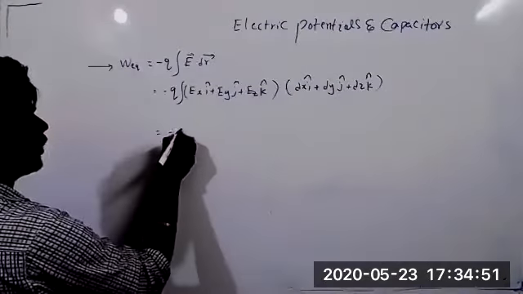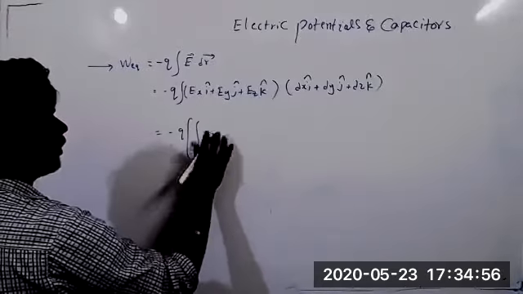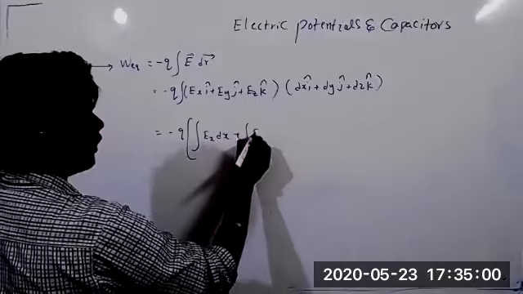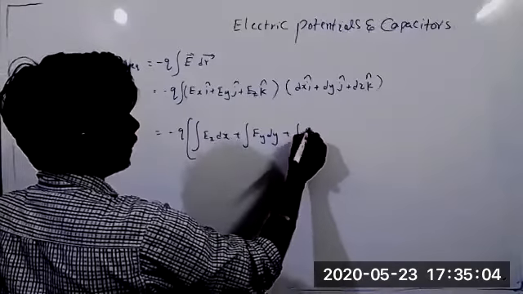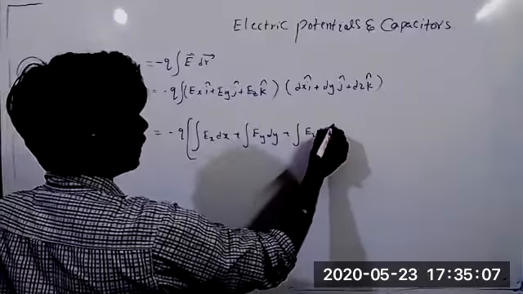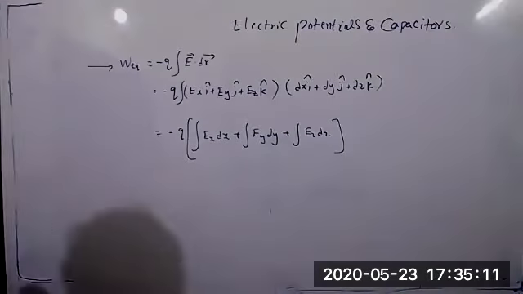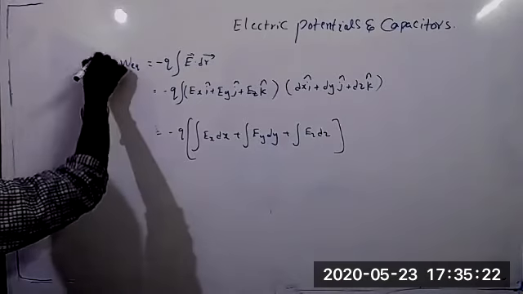So finally you will get Q integration Ex dx plus integration Ey dy plus integration Ez dz. Remember this. So we should know how to do integration. If you know how to do integration, then you can apply this method. Write this. It is the first formula.